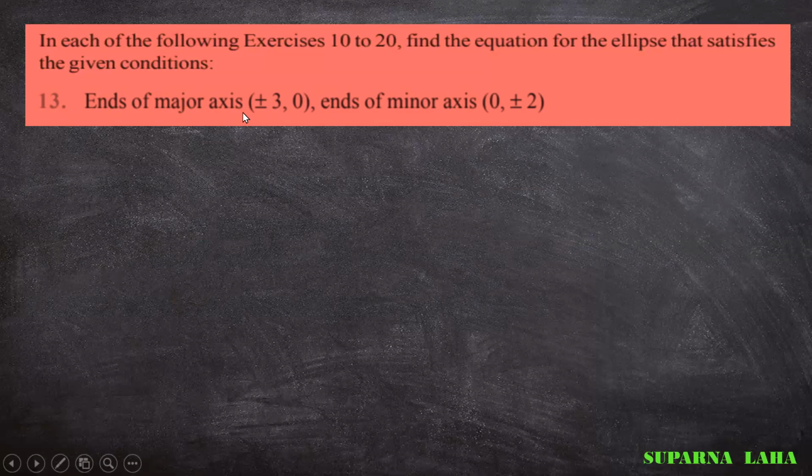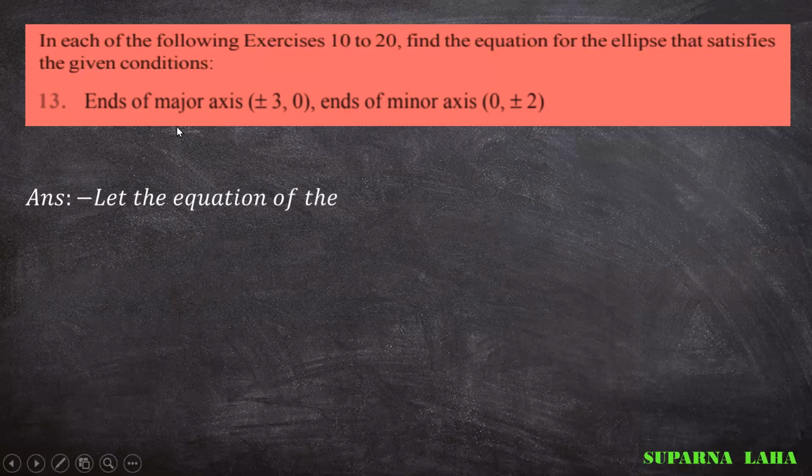Ends of the major axis plus minus 3 comma 0. Ends of the minor axis 0 comma plus minus 2. Look, the major axis is the x-axis and the minor axis is the y-axis. Okay.